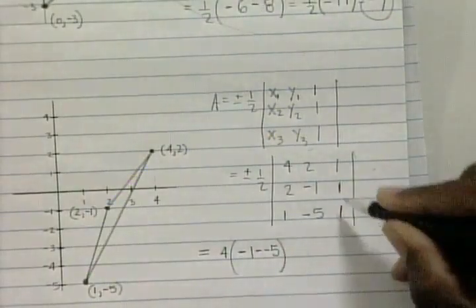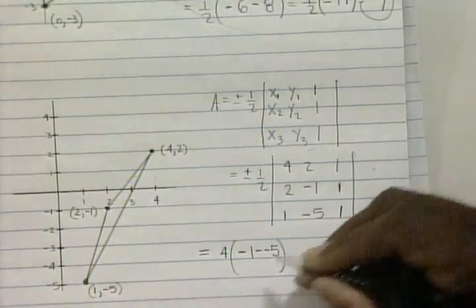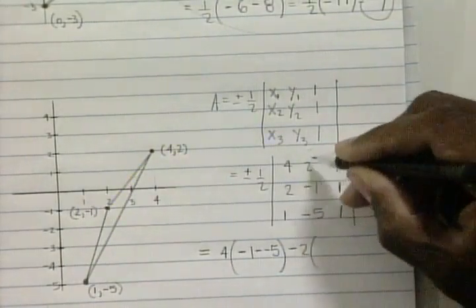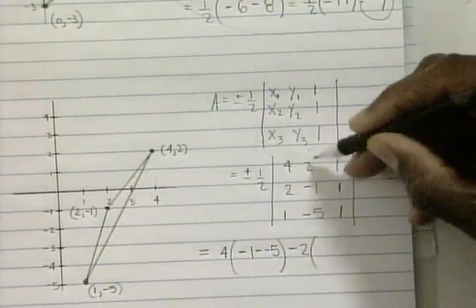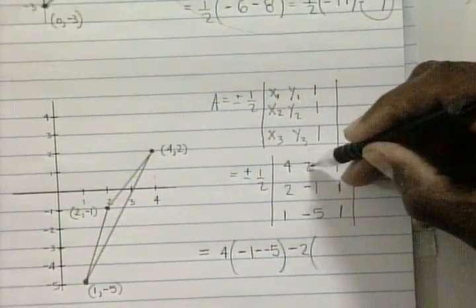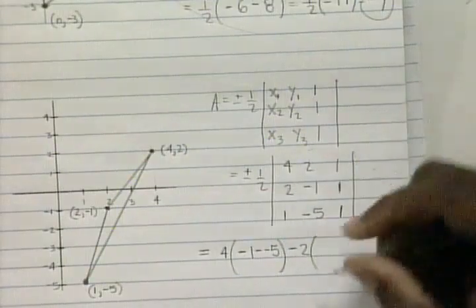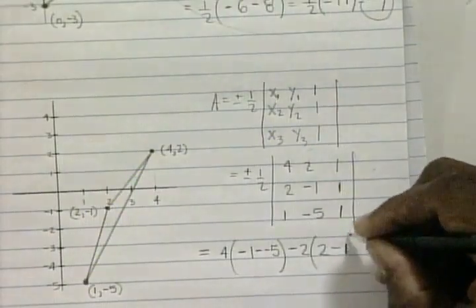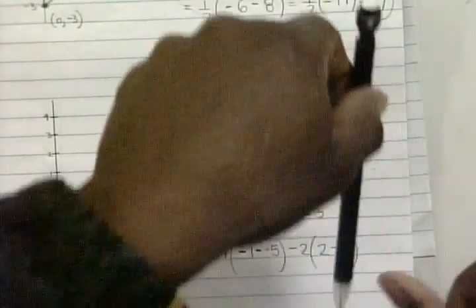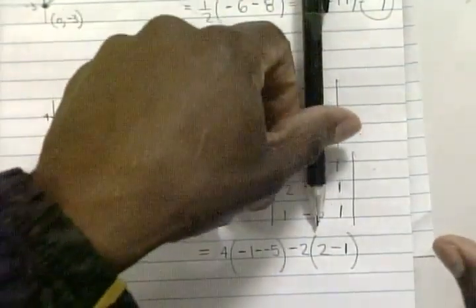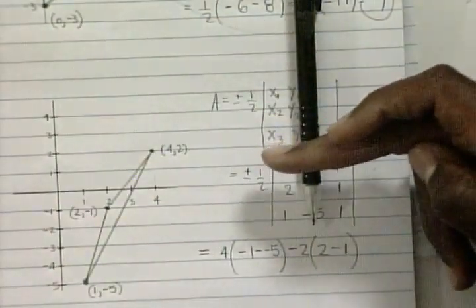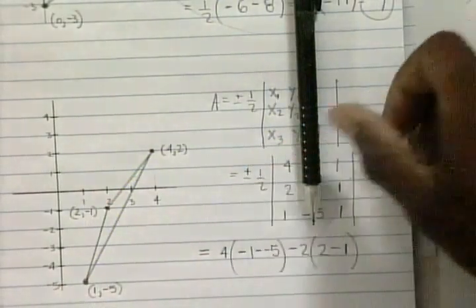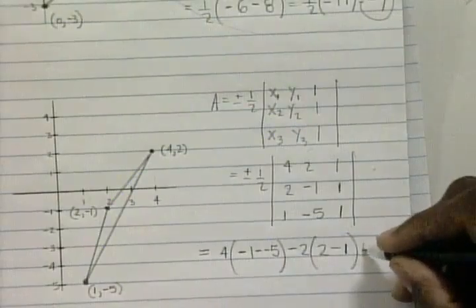Minus, by rule, let's take this 2, and the submatrix when you use a 2 is 2 times 1, which is 2, minus 1. Again, if you get rid of this column and this row, you end up with 2 times 1 minus 1 times 1. 2 minus 1. And then you have plus.